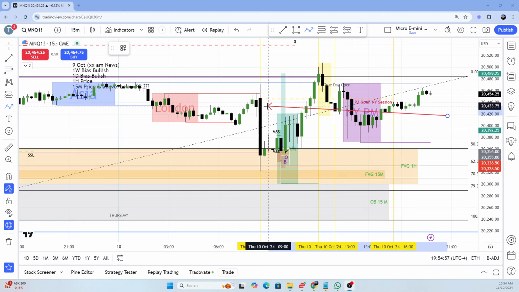The power of 3 and the Judas swing. What is the Judas swing? The Judas swing is usually the false move coming down, giving smart money the chance to buy. Because if we are expecting the price to go up, if we are expecting a buy entry, we want cheap discounted prices. So the Judas swing gives us the cheap discounted prices.